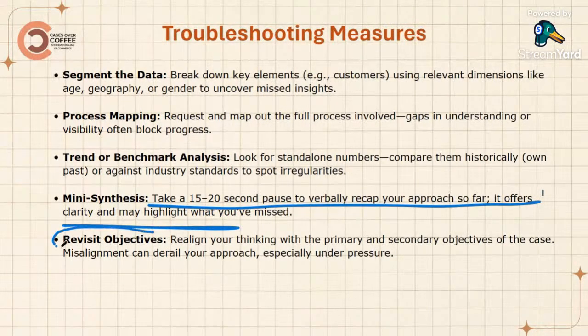And then you try to revisit the objective. For example, in some cases, what happens? Let's say you are working on a case, and while working on it, your analysis deviates from the objective.